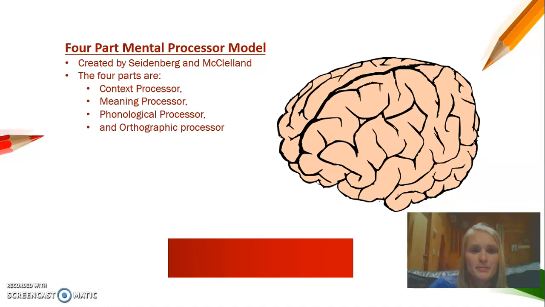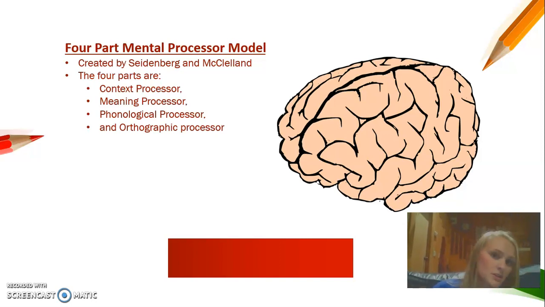Now, the 4-part mental processor model is one that just looks at the different areas of the brain and how they work together. So the 4 parts of the processor model are context processor, meaning processor, phonological, and orthographic processor. Now, each one of these is going to work together to help students read.